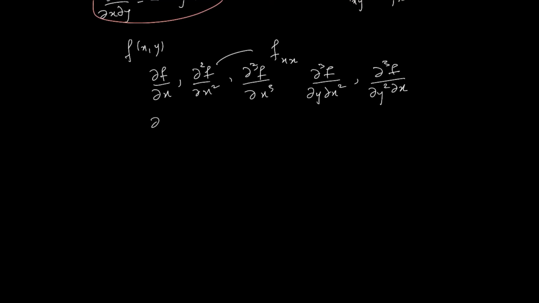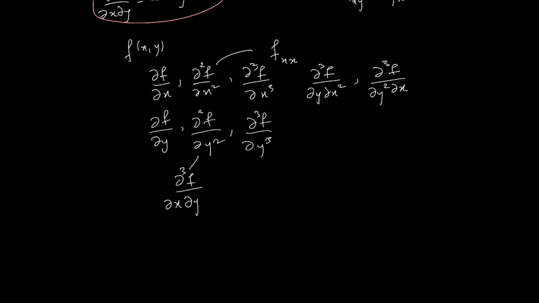Now, we're here starting off with an x, but we can just as easily start with the y, and then we're looking at, for instance, y squared, and then we would move on to the third derivative. One could also calculate the third derivative with respect to x after taking the second derivative with respect to y.